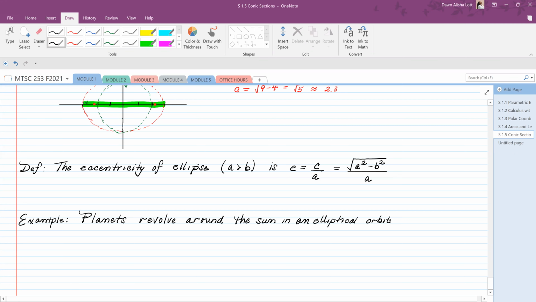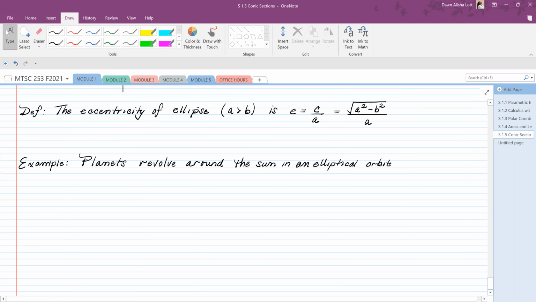So here's the sun. Can you see that yellow dot? I think so. All right. And so Venus and Earth have eccentricities that are very close to 0. So not quite a perfect circle, but pretty close.